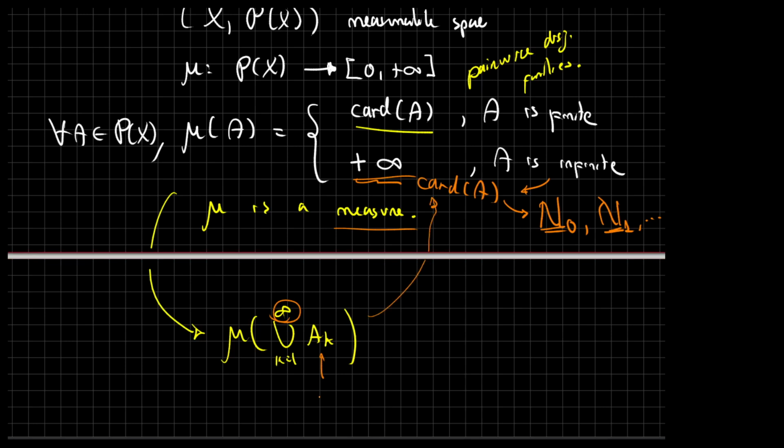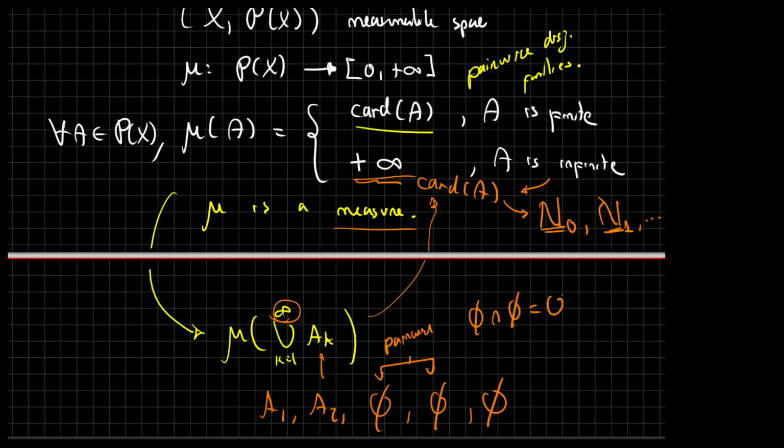This is not true, because in this infinite family, infinitely many elements could be the empty set. And so yeah, these sets are equal, but empty sets that are equal are also pairwise disjoint, because the intersection of these two elements is still the empty set.